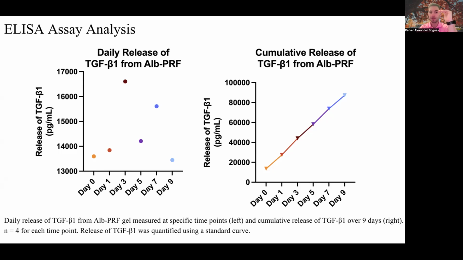As a reminder, the downfall is that the growth factor release quickly tapers off and degrades quickly in the human body. So the formulation of Alb-PRF was hypothesized to be able to not only have a high release, but sustain this high release over multiple weeks and potentially months.